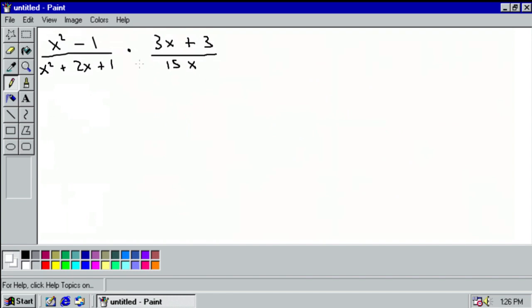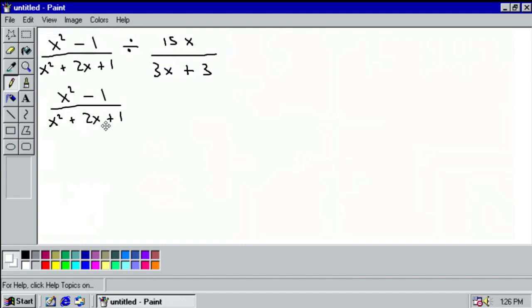Okay, so next we have this example here. Let's make it reciprocal first.